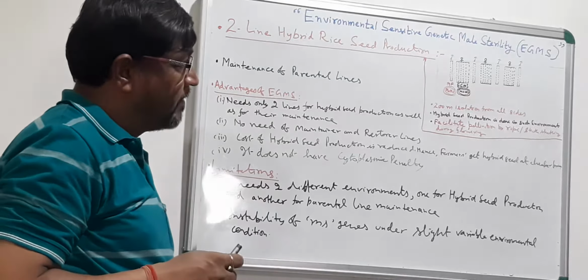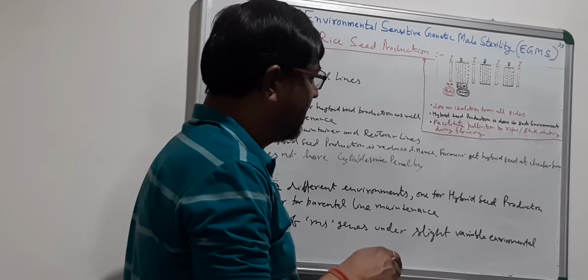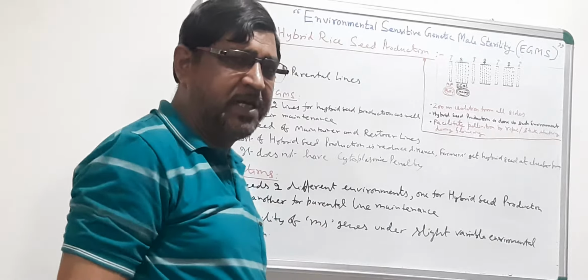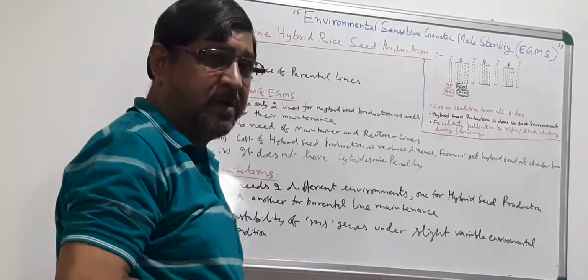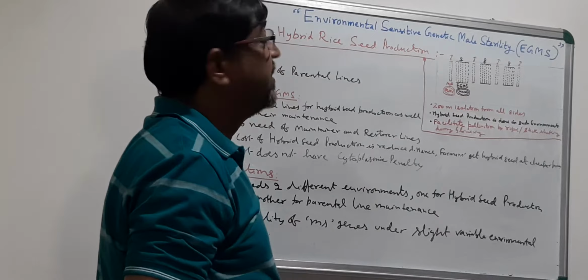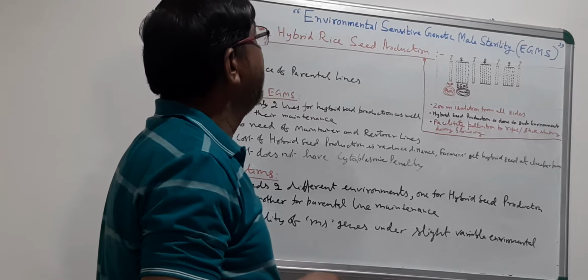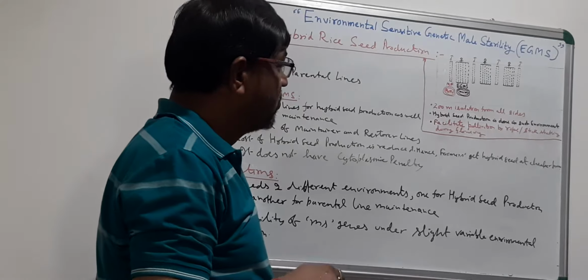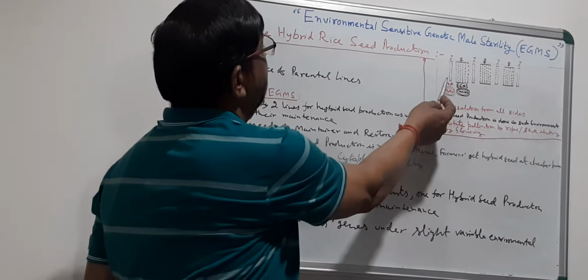As you know, here you require only two lines, one pollinator and one male sterile, female line. So the EGMS line, you are growing 6 rows, 1, 2, 3, 4, 5, 6. 6 rows or 8 rows, depending upon the capability of the pollinator, how much pollen grain it can produce. Depending on that, you are having 6 rows of EGMS, TGMS or PGMS, and 2 rows of fertile line.